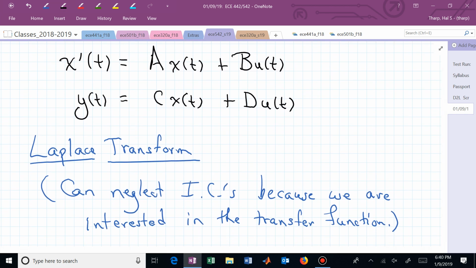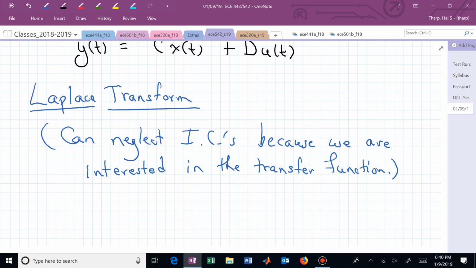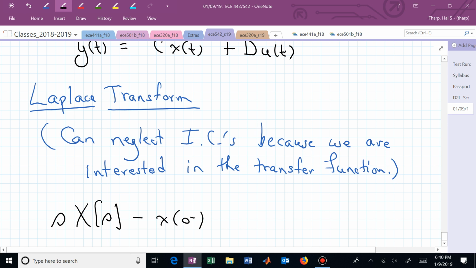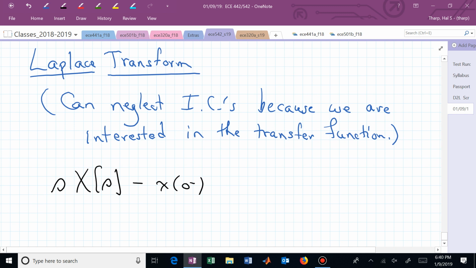If I Laplace transform a derivative, that's now multiplication by s. And in general, I would subtract that initial condition. We just said we don't need to worry about that. But that x at 0 minus, that's time t equals 0 minus. And this is this tall vector of x sub 1 at 0 minus, x sub 2 of 0 minus. And the capital X is likewise stacked components, an x1 component and an x2 component.